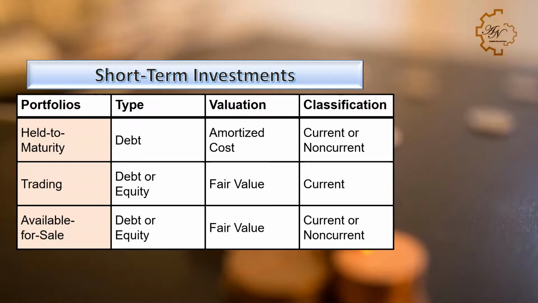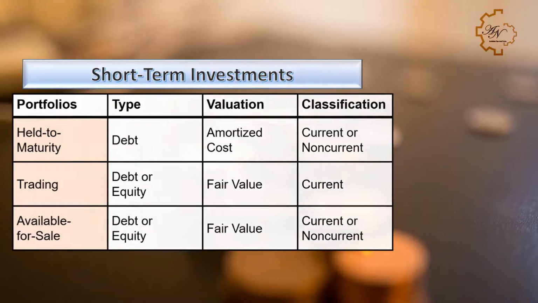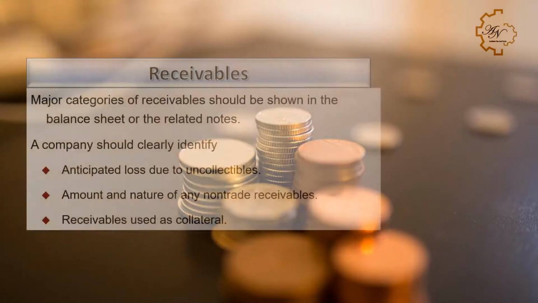Trading: debt and equity securities bought and held primarily for sale in the near term to generate income on short-term price differences. It's classified as current. Available for sale: debt and equity securities not classified as held to maturity or trading securities. It's classified as current or non-current.